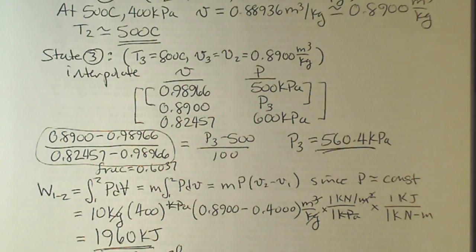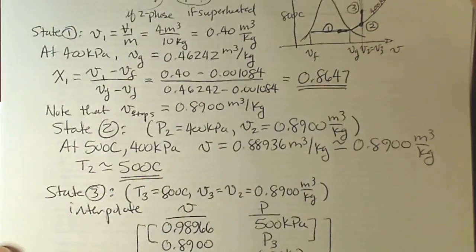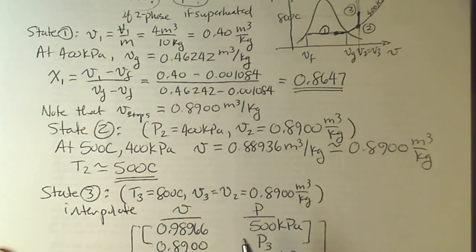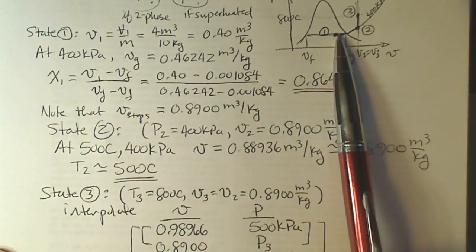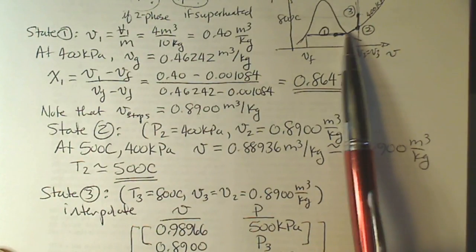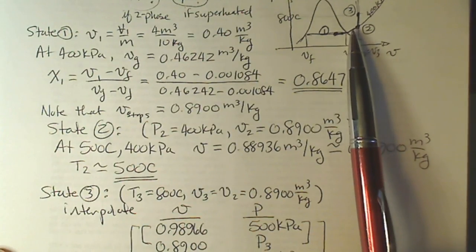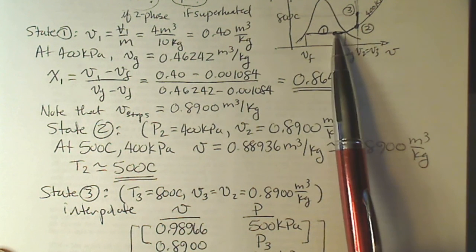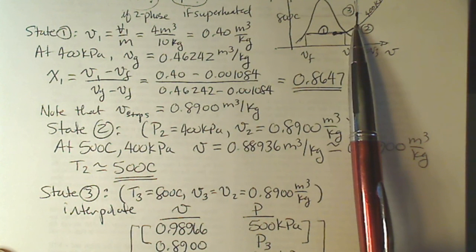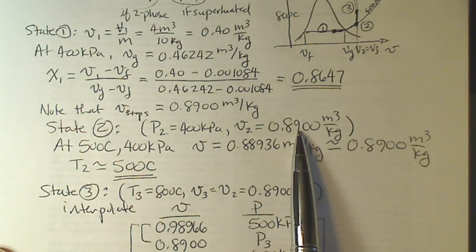But to summarize, we need to know 2 property coordinates for each state, and many times we need to use the path from one state to the next to connect those states and to identify the properties at the subsequent state. For example, here we had to use the fact that P1 equals P2 and that we knew the specific volume 2 that allowed us to find the second state.